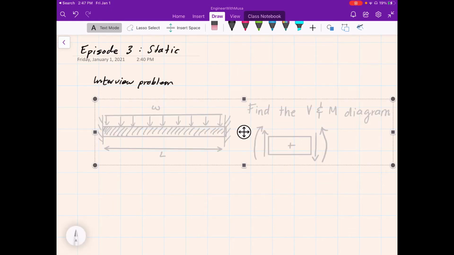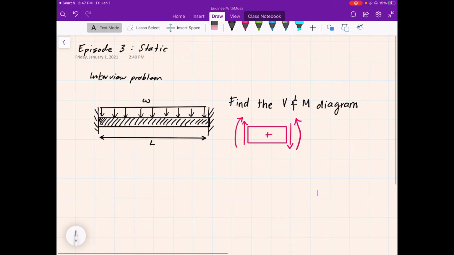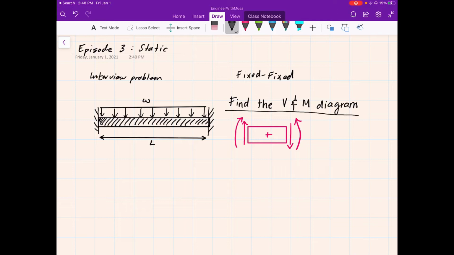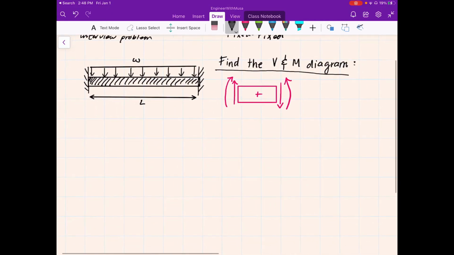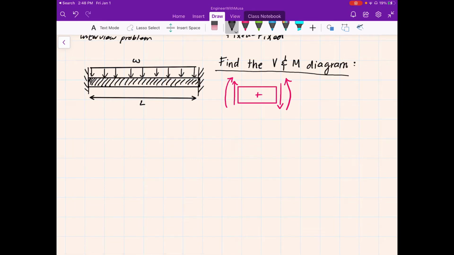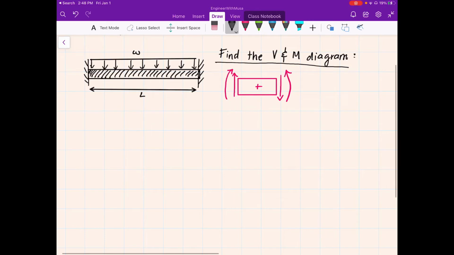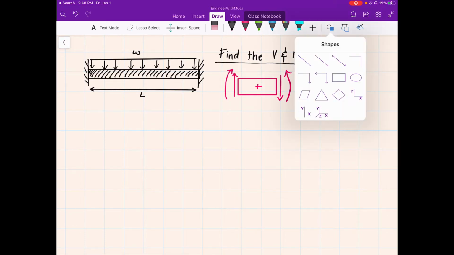They said to me in the interview, draw us a beam with a fixed support, very important, fixed support, and essentially find the V&M diagram, the shear and moment diagram, for this. I said, okay, here's how I'm going to solve it. And actually the way I solved it was correct, and the interviewer was quite impressed. So now let's walk you through it.